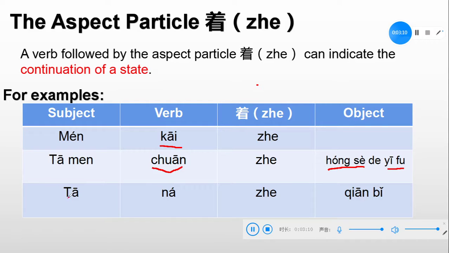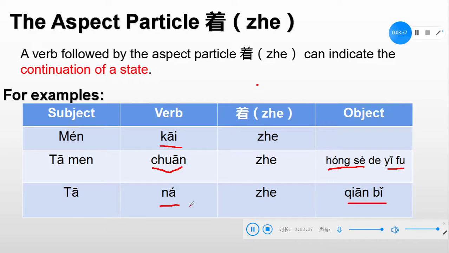Alright, example 3. 他拿着铅笔. 铅笔意思是 pencil. And 拿, this word, remember, it has multiple meanings. 拿, it means to hold, to take, to bring. So here, 拿着铅笔, we better translate it as hold the pencil.